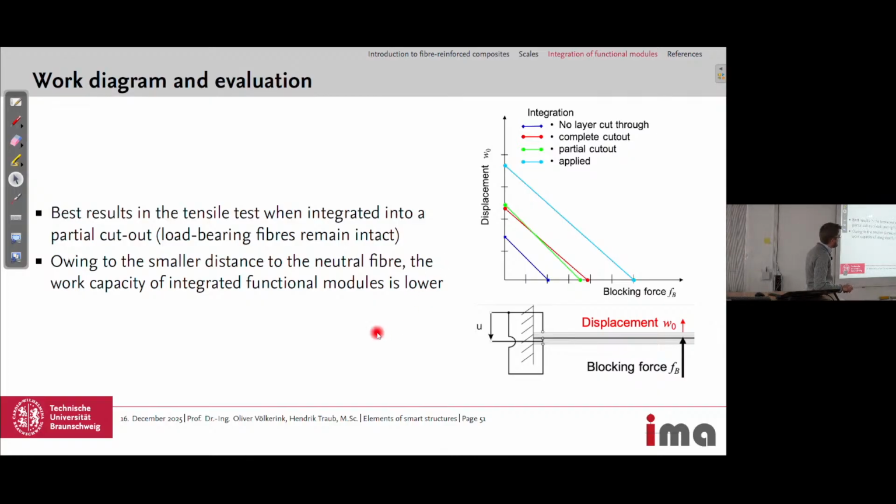So if we have here again our work diagram, displacement and blocking force, this is the one with the applied actuator. It has the largest distance from the midplane of the structure, therefore the work capacity is the highest. When we don't cut any layer, then we have the lowest work capacity, and the complete and partial cutout give nearly the same free displacement and blocking force.